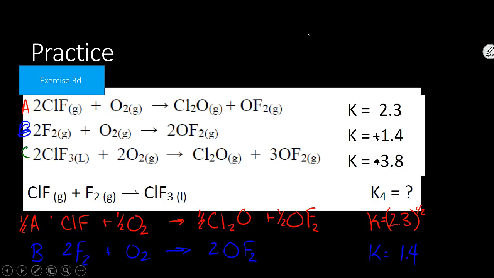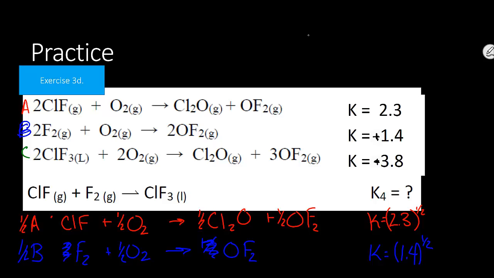Alright, for reaction B, I only need 1 fluorine gas. So again, I'm going to half reaction B. So the value of K, I'll take the square root of. Lastly, I need chlorine trifluoride as a product.